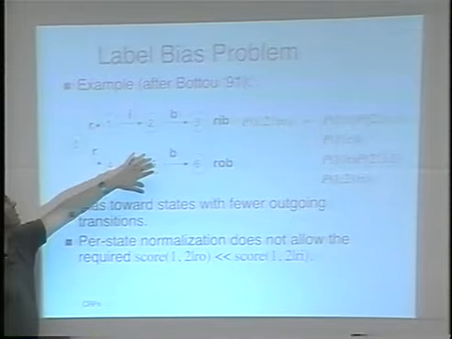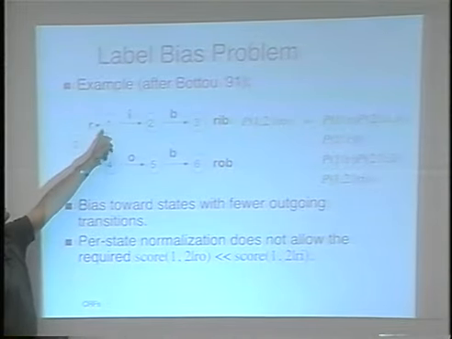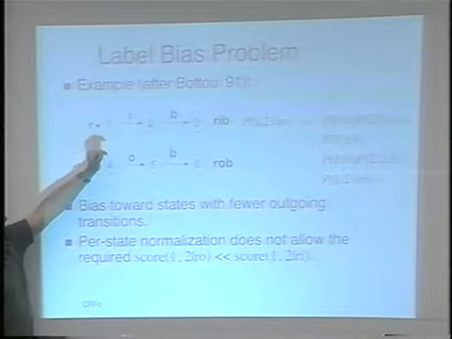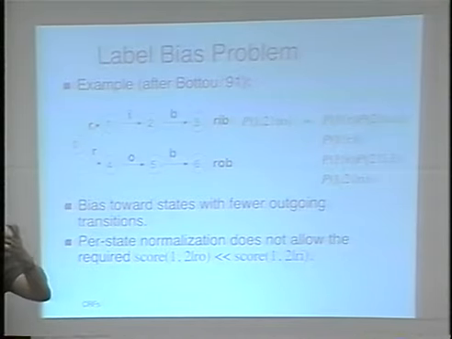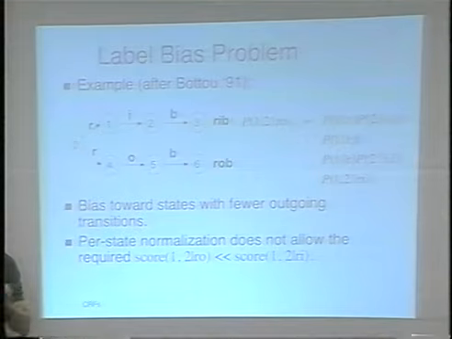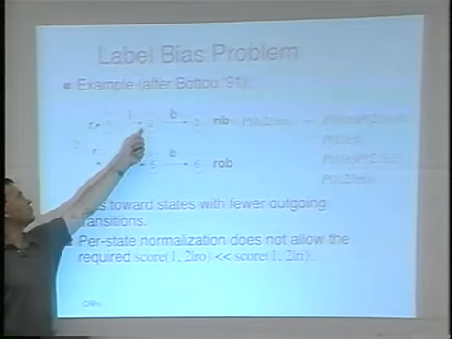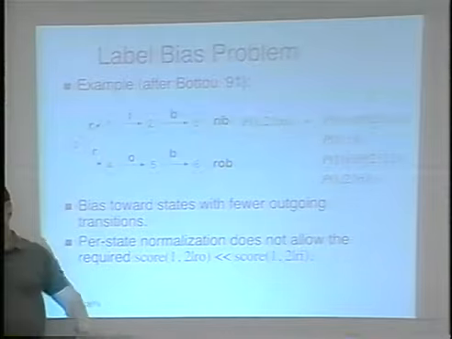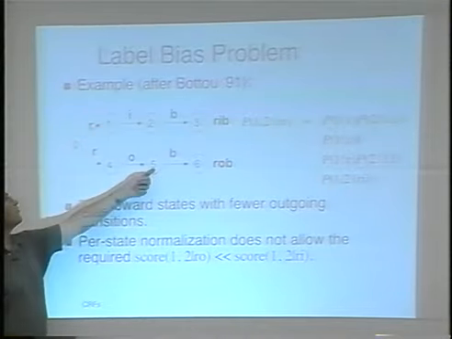In reality, assume that if I'm in state 0 and I see R, the probability of going to 1 is 51%, and the probability of going to 4 is 49%. Now, once I am in 1, if I see I, the probability of going to 2 is 99%, and maybe the probability of going to 5 is 1%.